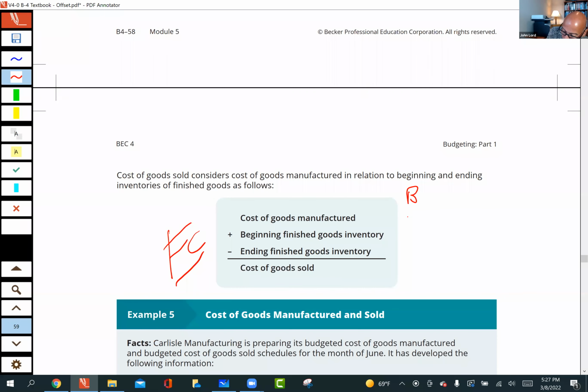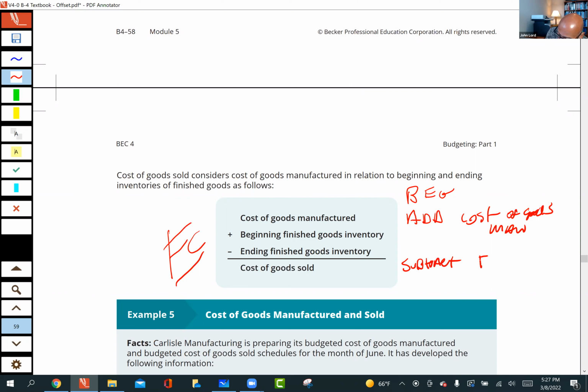So beginning, add, which is the cost of goods manufactured. That's the amount that gets transferred out of work in process and into finished goods. Subtract what?